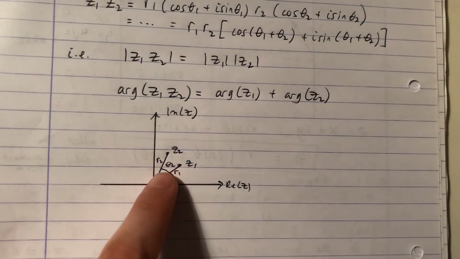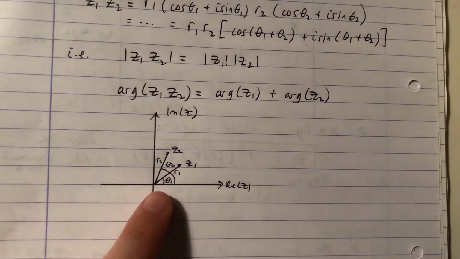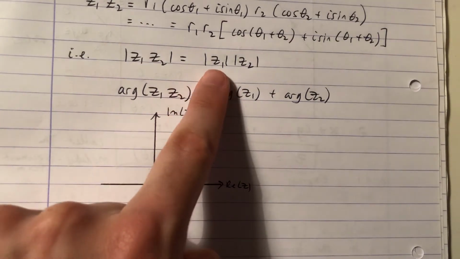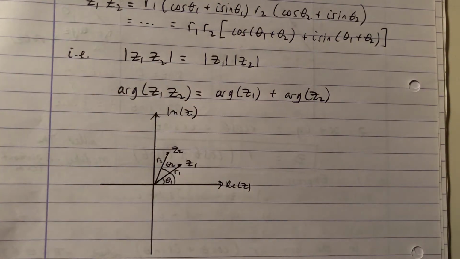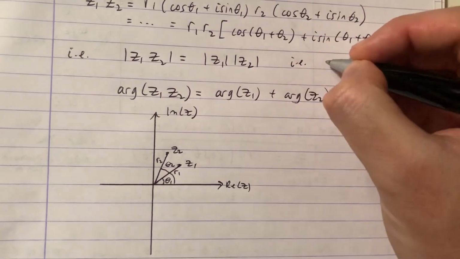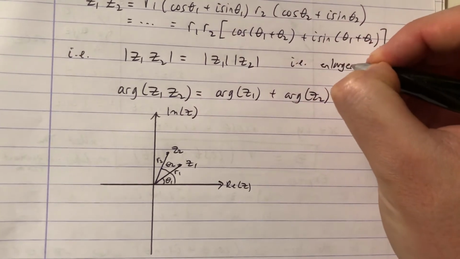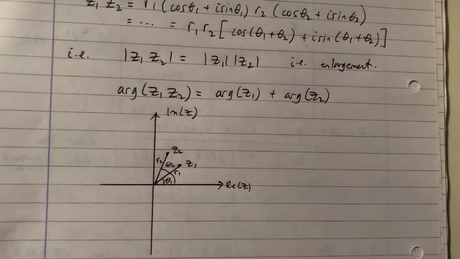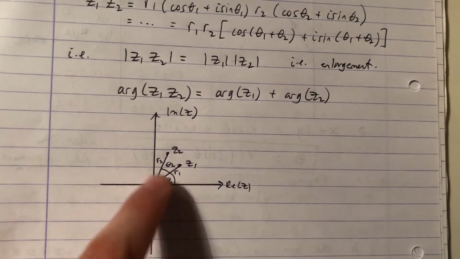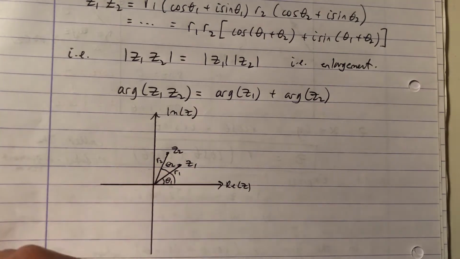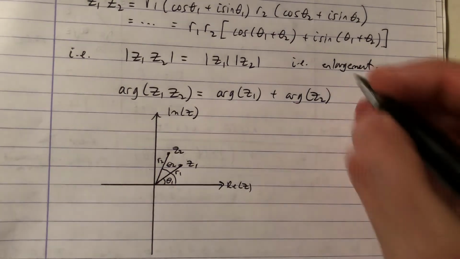When you multiply these complex numbers, the answer has a modulus of the product of these two. So whatever these lengths are, you would times them. So it's like an enlargement. And the angle would be the addition of these two. So you add them together, which is, in other words, a rotation.